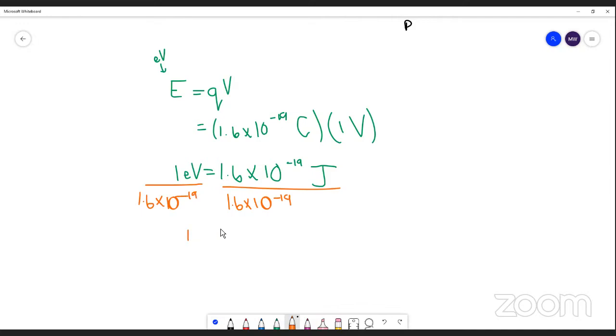And you will see that 1 joule is equal to 6.25 times 10 to the 18 electron volts. So that's how you convert a joule to an electron volt, or an electron volt to a joule. And just remember, this is always a constant. It is the charge of your electron, and it's always times 10 to the negative 19. And that is how you calculate an electron volt.